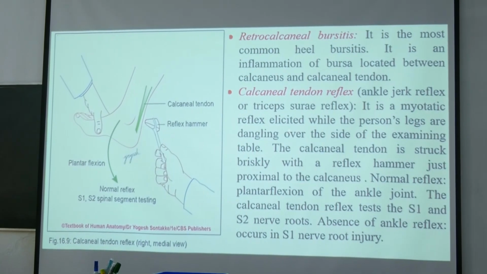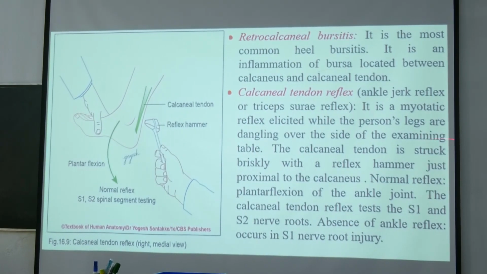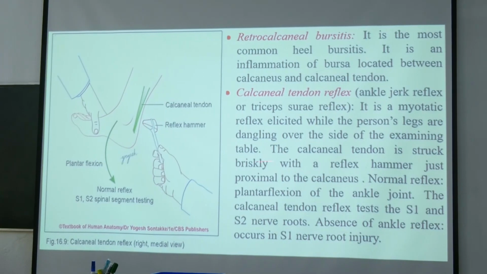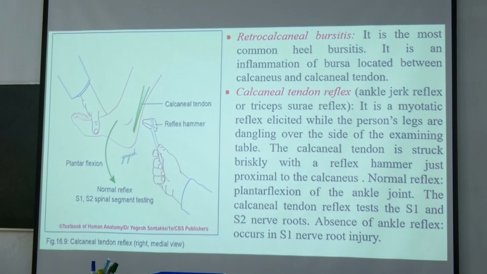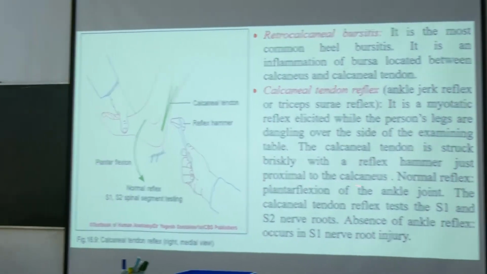It is a myotatic reflex elicited when the person's legs are dangling over the side of the examining table. Calcaneal tendon is struck briskly with a reflex hammer just proximal to the calcaneus, and normally plantar flexion of the ankle joint occurs. And the tendon reflex tests the S1 S2 nerve root. Absence of ankle reflex occurs in S1 nerve root injury.